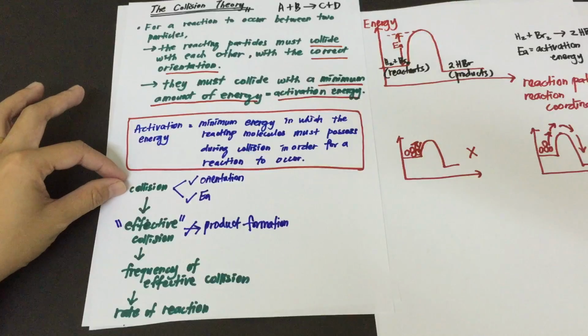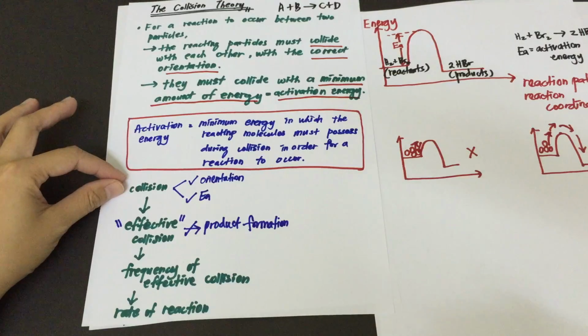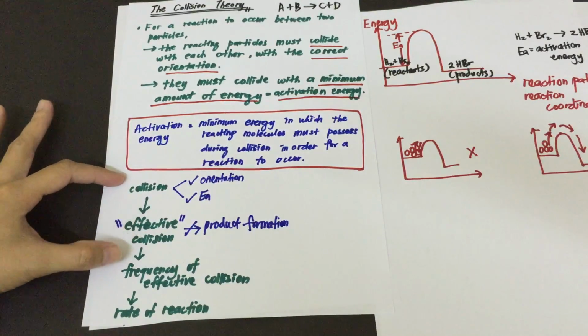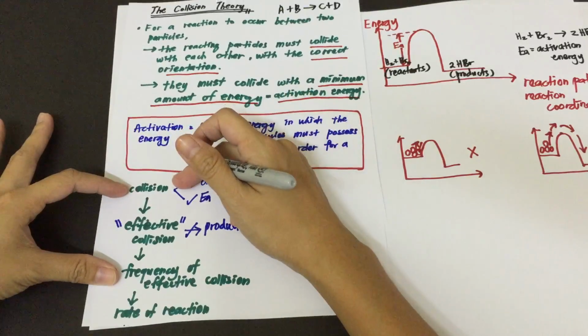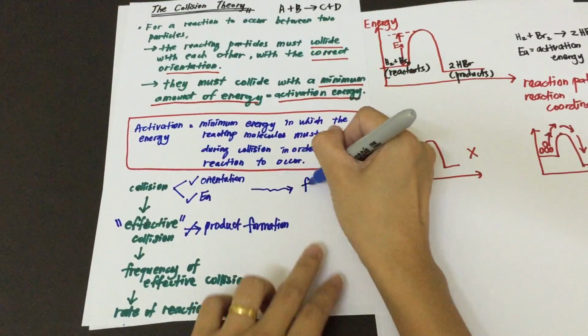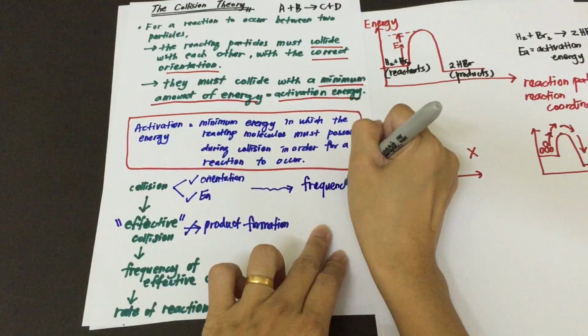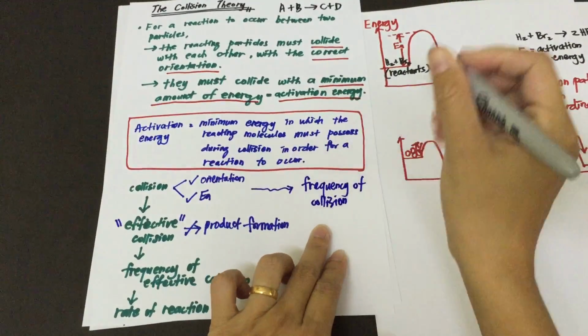When the collision is increased, we talk about how many collisions per time, and that is by using the word frequency. So when we say the collision increases due to a factor, that means the frequency of collision increases.